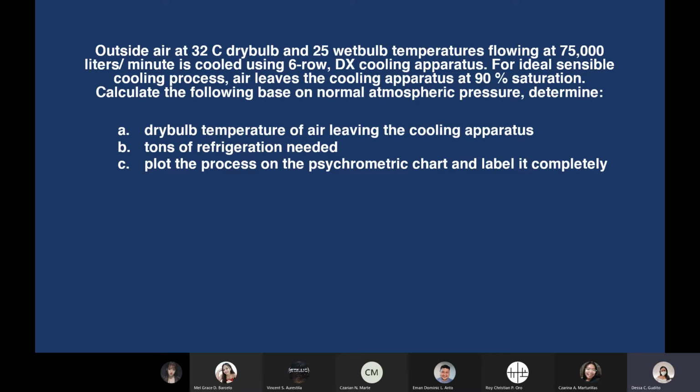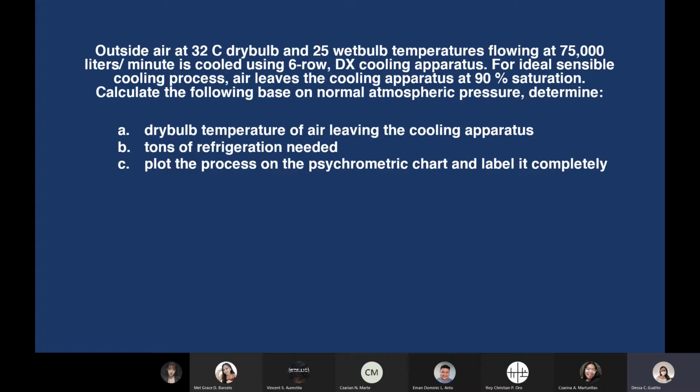Air leaves the cooling apparatus at 90% saturation, and we need to calculate the following based on normal atmospheric pressure. It is important to take note of atmospheric pressure, because the psychrometric chart can only be used at atmospheric pressure.